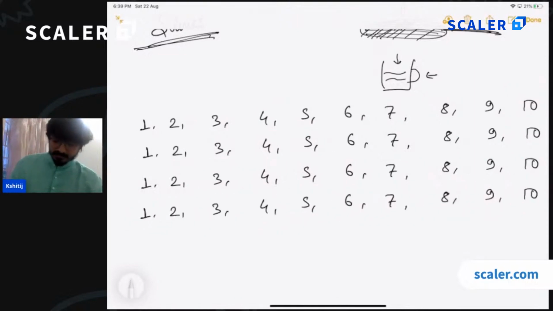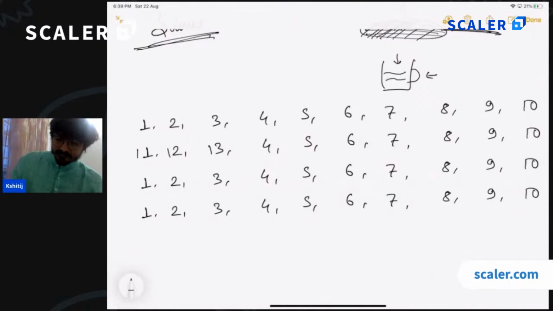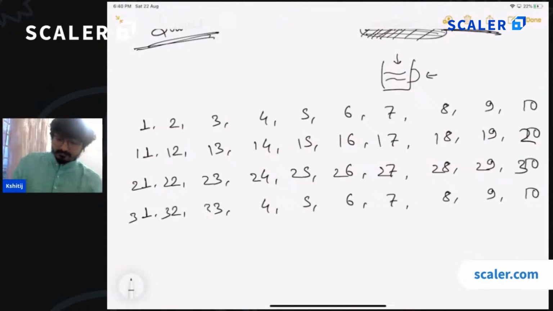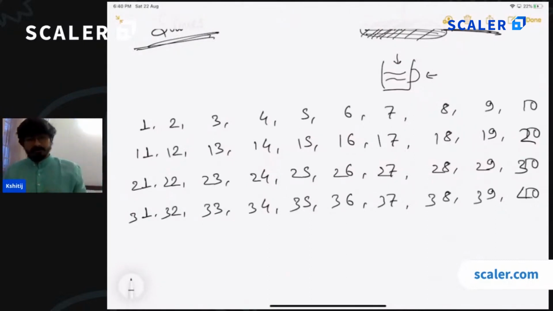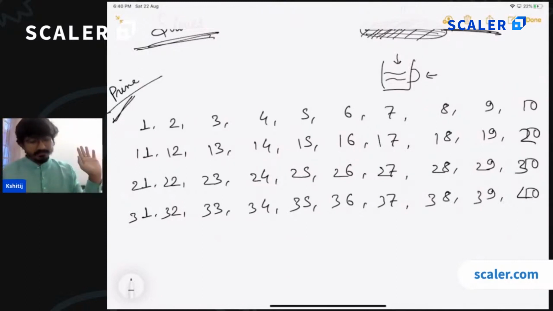Okay, and then we'll write 11, 12. Okay, so we have all these numbers. Initially, I am saying that all of them are prime. Okay, all the numbers are prime.